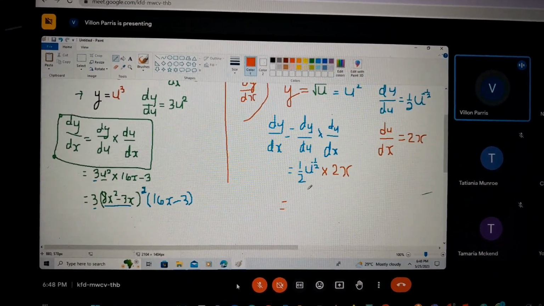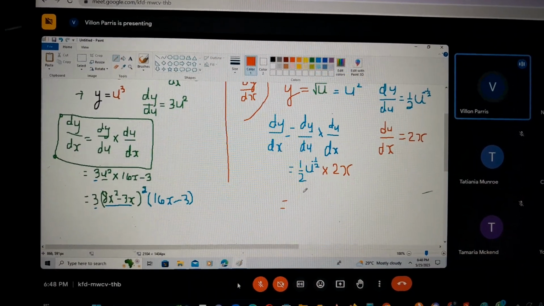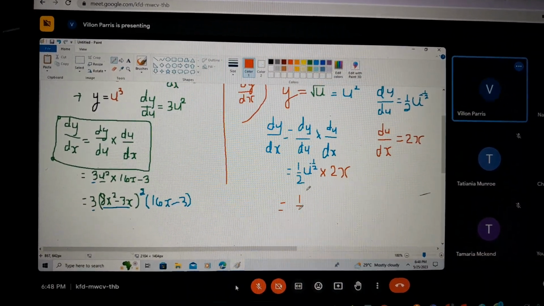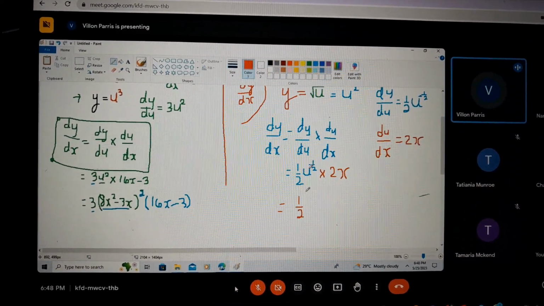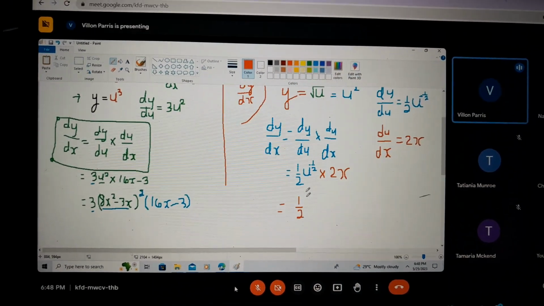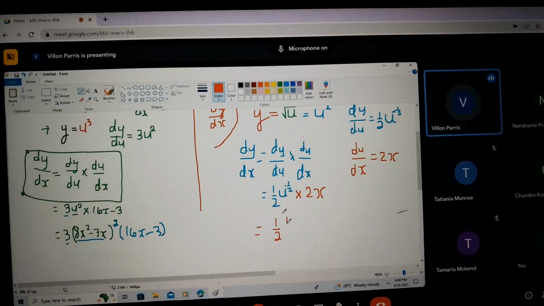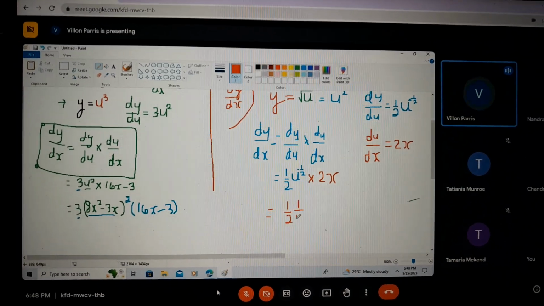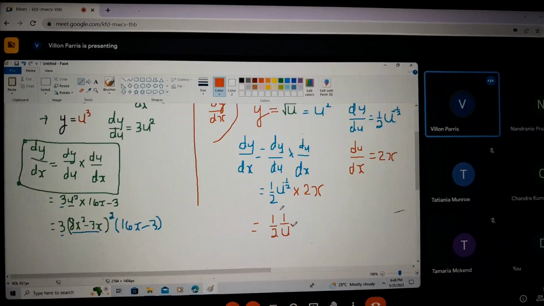So I hope you remember that. Where I have half, I put back my half. My u to the negative half power can be written as 1 over u to the positive half power.